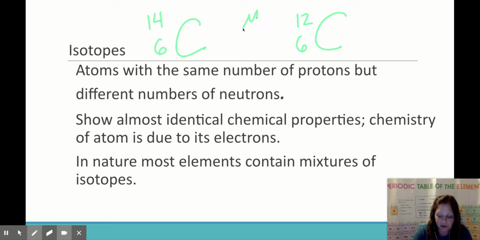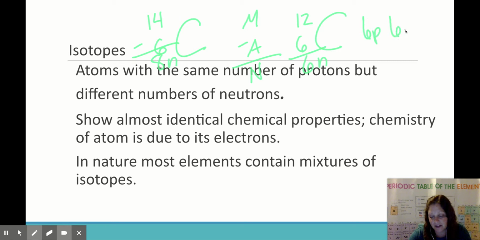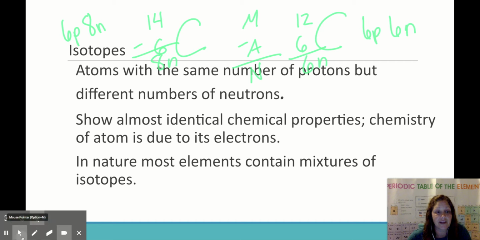But if we do mass number minus atomic number, we can get the number of neutrons. And so when we do this, we see that carbon 12 has 6 protons and 6 neutrons, whereas carbon 14 has 6 protons and 8 neutrons. These are going to have identical chemical properties. We usually have a mixture of isotopes, but again, they're going to have different masses based on this different number of neutrons.